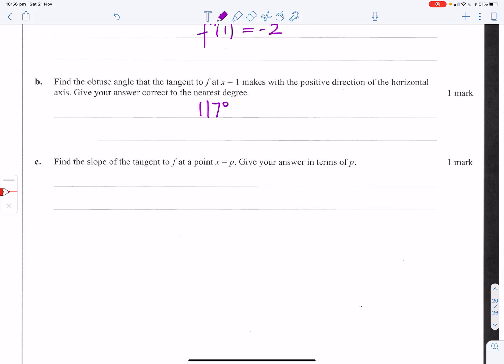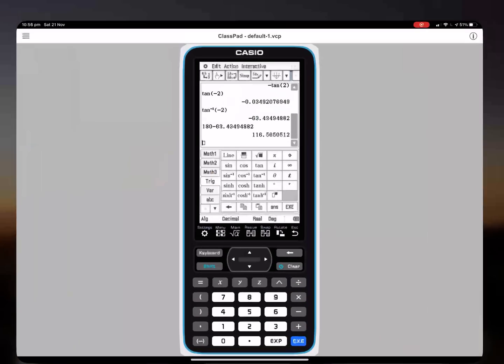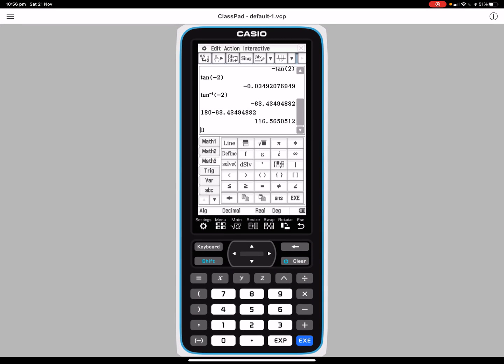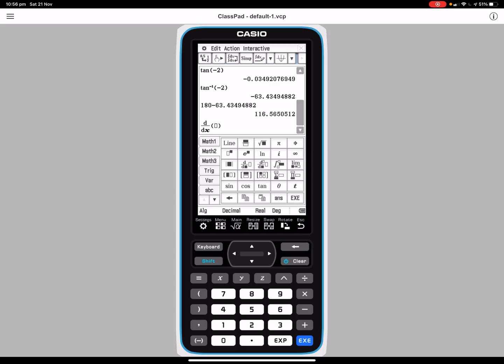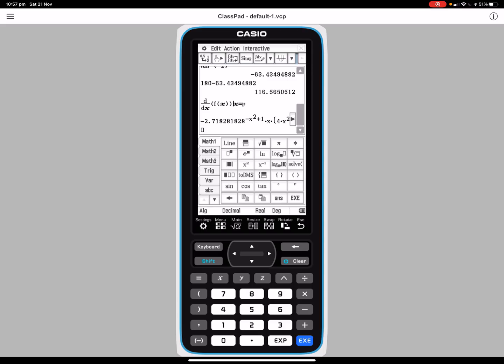Find the slope of the tangent of f. I don't like using the word slope. So f dash of p, let's try that. So d dx of f of x given x equals p.